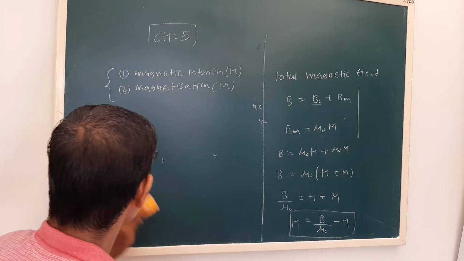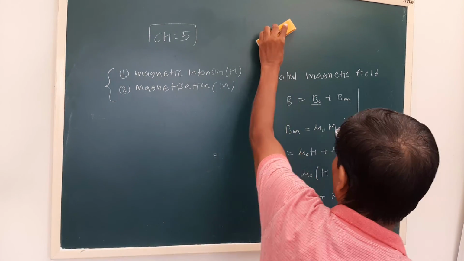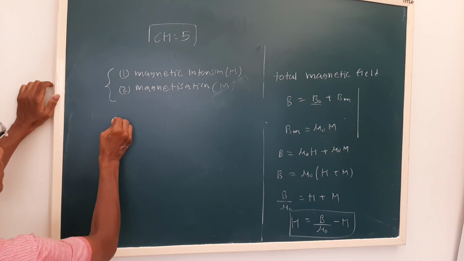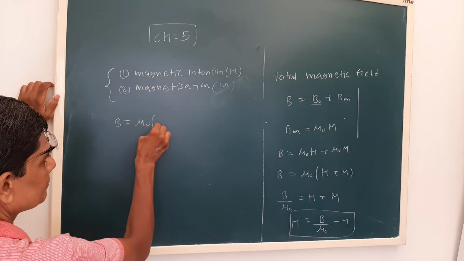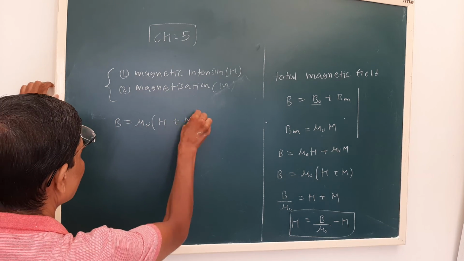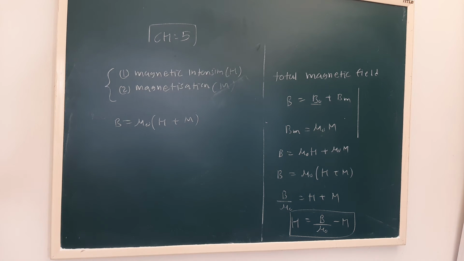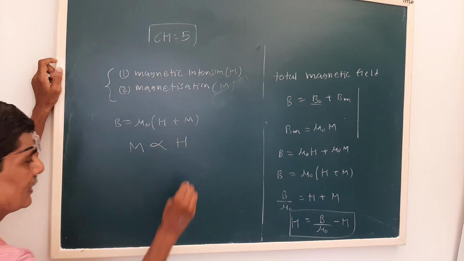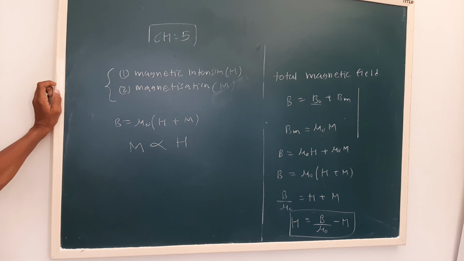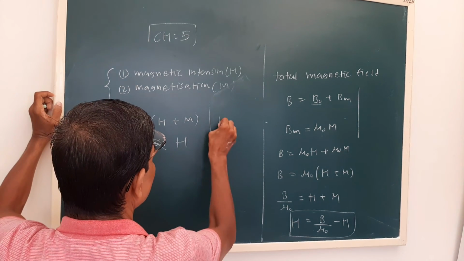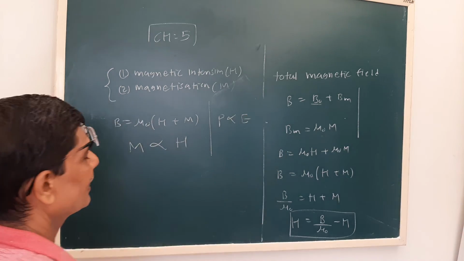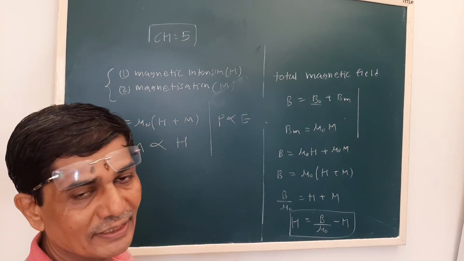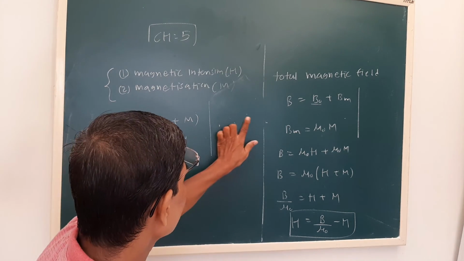So this is about the magnetic intensity of a material. Now we have to proceed further. Our formula is B is equal to mu 0 times H plus M, that we are writing here. Now this magnetization experiment shows that magnetization is proportional to H. In our second lesson we had P is proportional to E. What is P? Polarization. E is the electric field.